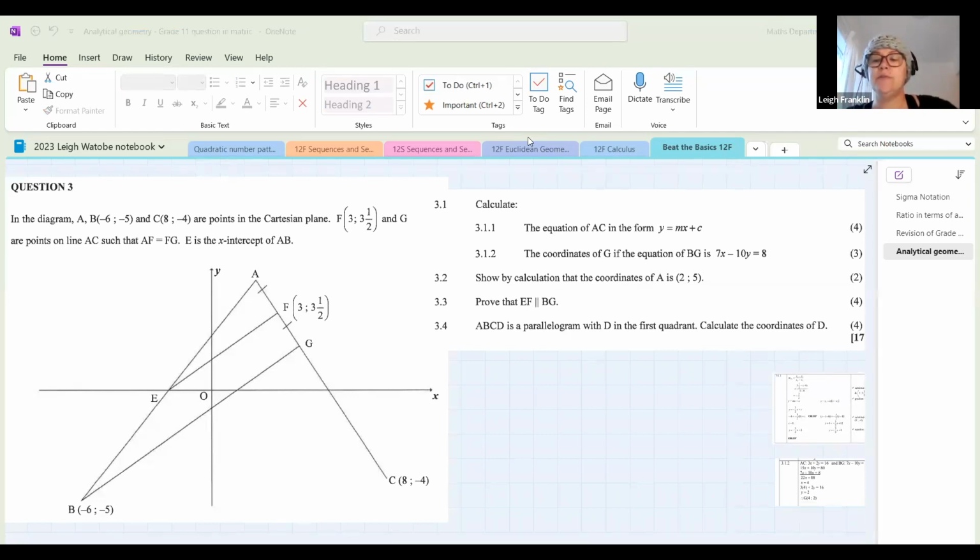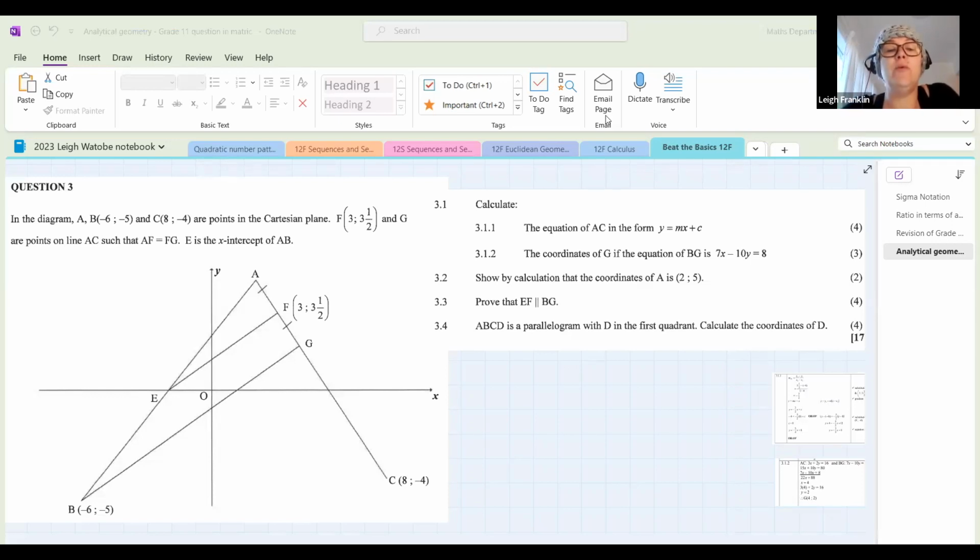Okay, so Nhlanhla's fine. Everybody else, how are we doing? And Nhlanhla, you can carry on to question 3.1.2. You don't have to wait for everybody.